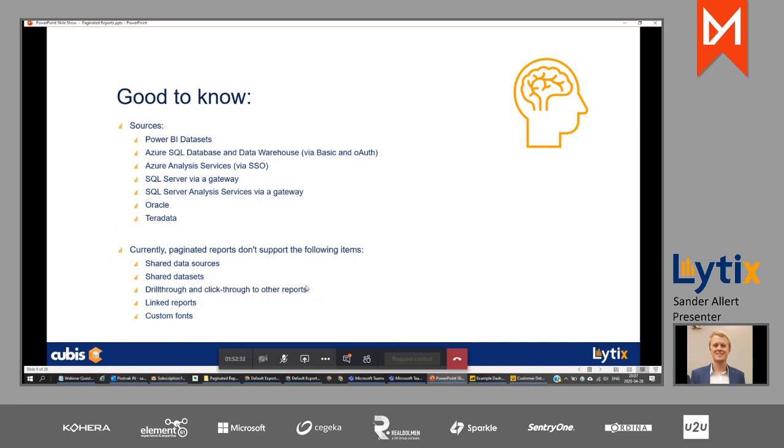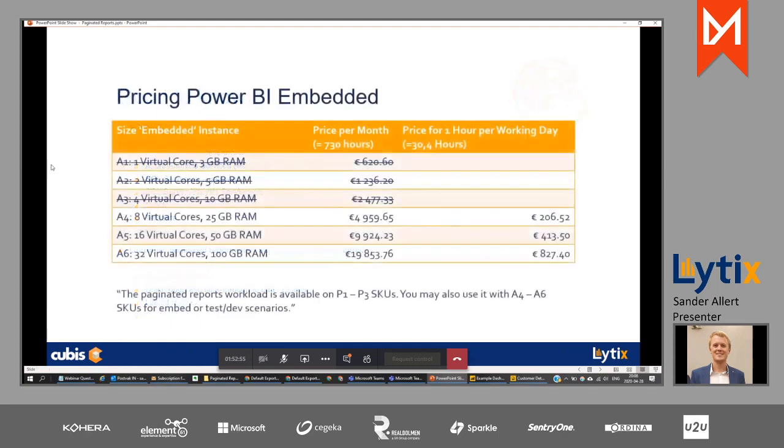Not possible by default in the builder, but you can alter it by using parameters. I'll go through that by dynamically creating your URL, at the end of my session. And also linked reports or embedded reports, in which you embed one report into the other. That's also not possible. And custom fonts, but I don't think that's really a showstopper.